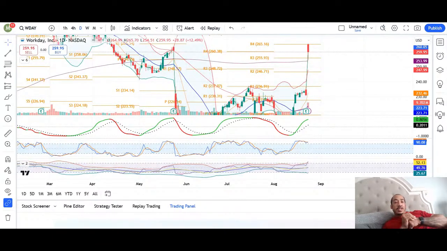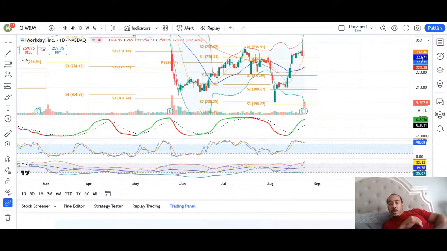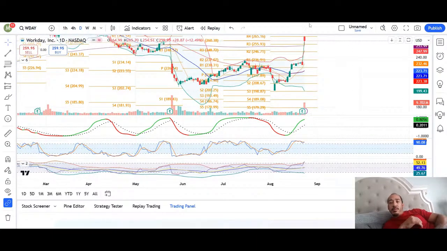So what kind of trading is this? This is called mean reversion, right? Mean reversion trading is that the stock has to come back to a mean. So you use the Bollinger Band. The Bollinger Band really helps you with mean reversion trading because the stock is no longer in the Bollinger Band.